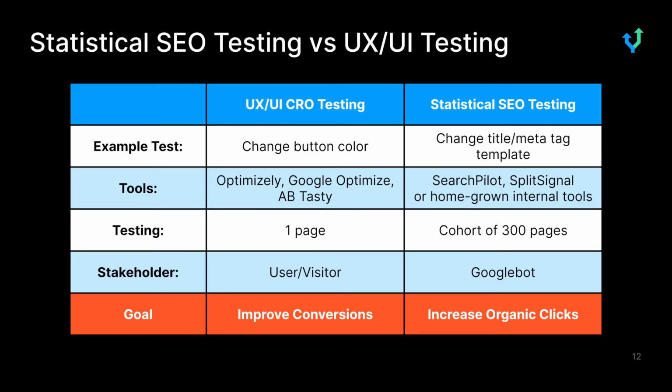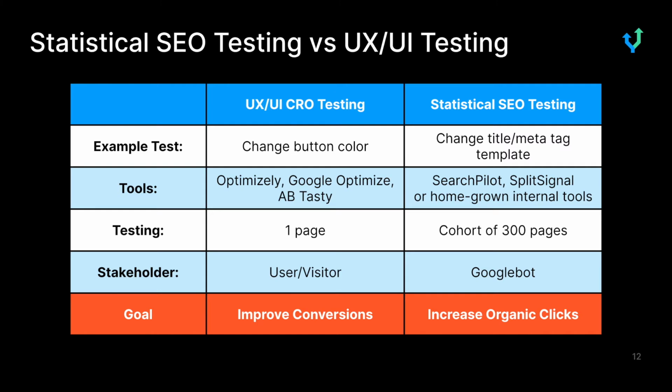To further illustrate the difference between statistical SEO testing and CRO or UX testing, let's walk through an example. So for CRO testing, an example might be changing a button color. There's plenty of tools I can already use, and we're only testing one page, and our stakeholder is the user, and the goal is increasing conversions.